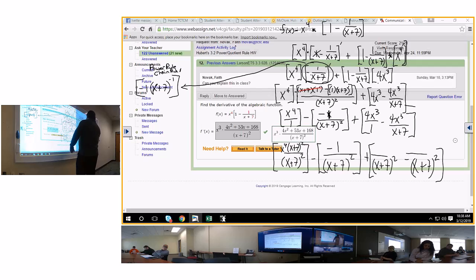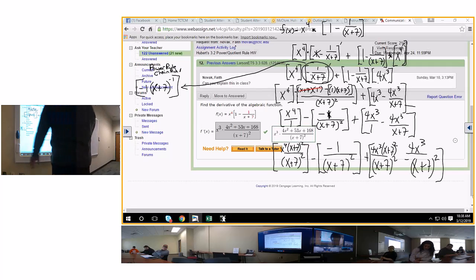And then 1 will go into x plus 7, so that's 4x cubed times x plus 7 quantity squared, and then minus 4x to the third. Now you can put everything over x plus 7 quantity squared.